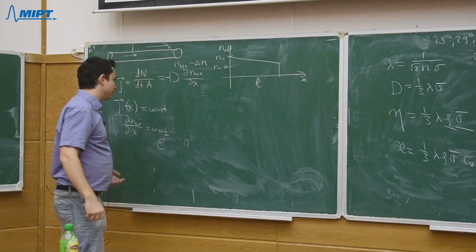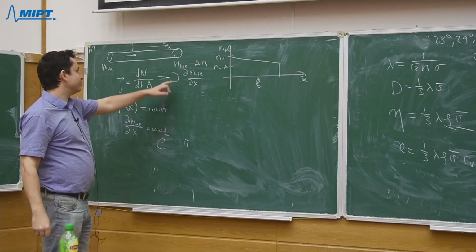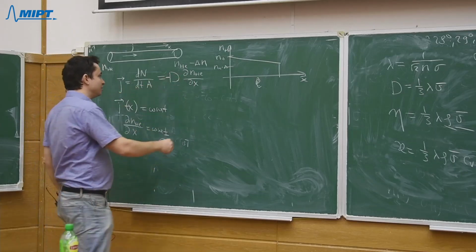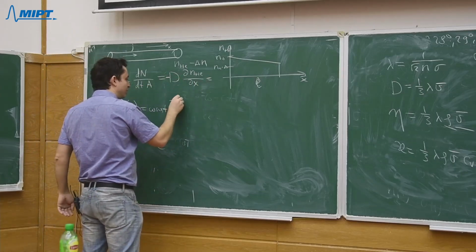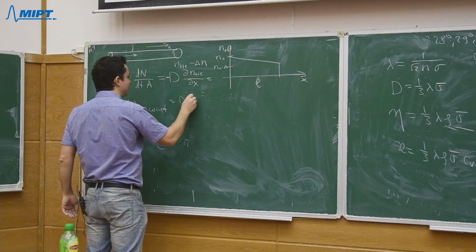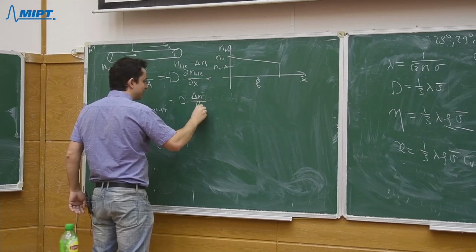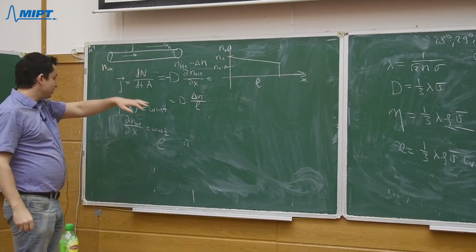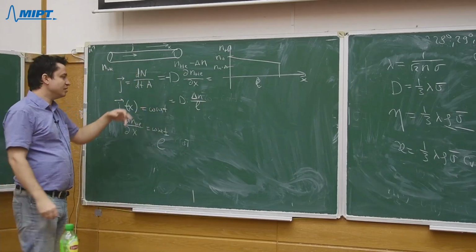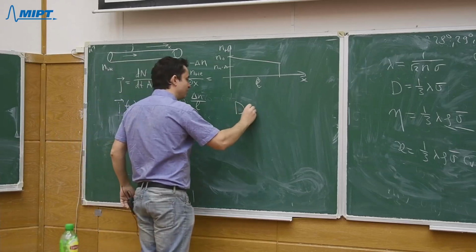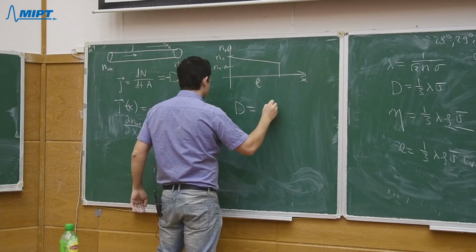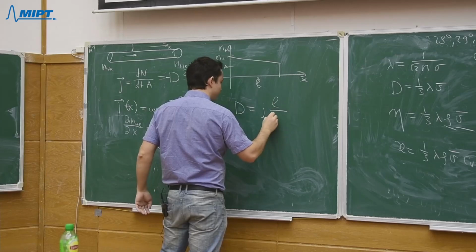And that once again means that we can replace this derivative by D multiplied by delta n over the tube length L. So from here you can determine D. So D is G times L over delta N.